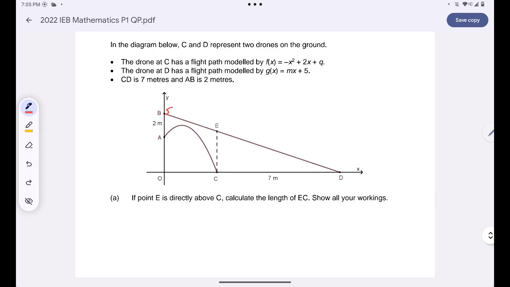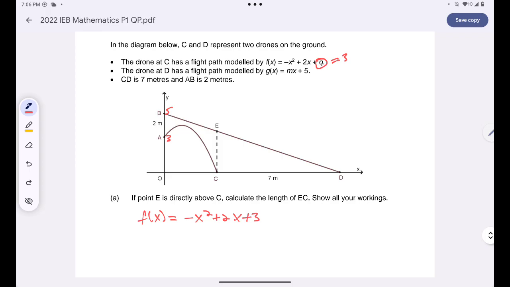They are just 2 meters apart. That means the y value at A is 3. So this simply means that the y-intercept is equal to 3, right? So my equation of f of x is simply equal to negative x squared plus 2x plus 3.